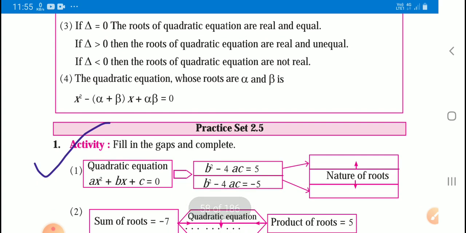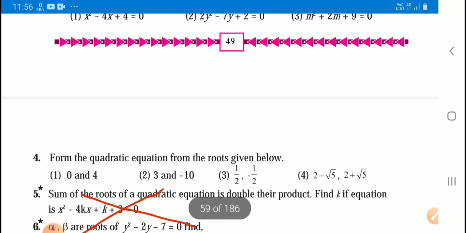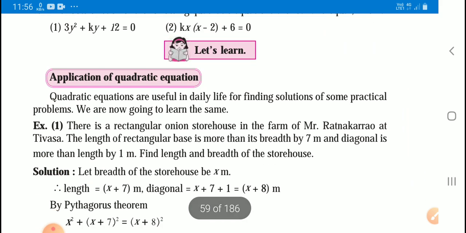Then one more formula: the quadratic equation whose roots are alpha and beta is x square minus (alpha plus beta) into x plus alpha beta is equal to 0. By using this information you have to solve the practice set.